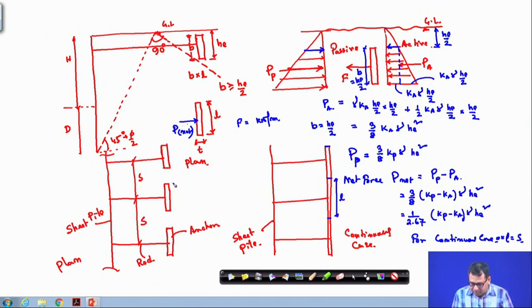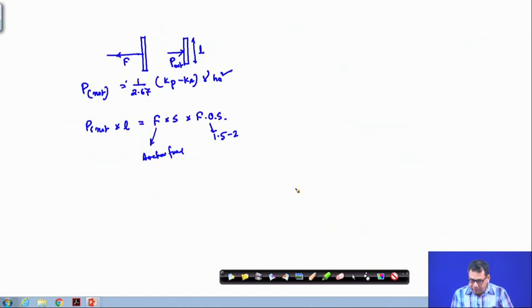Now, this is the L if it is not continuous. In that case this will be the L and this is the spacing. So, if it is continuous, then L will be equal to S.